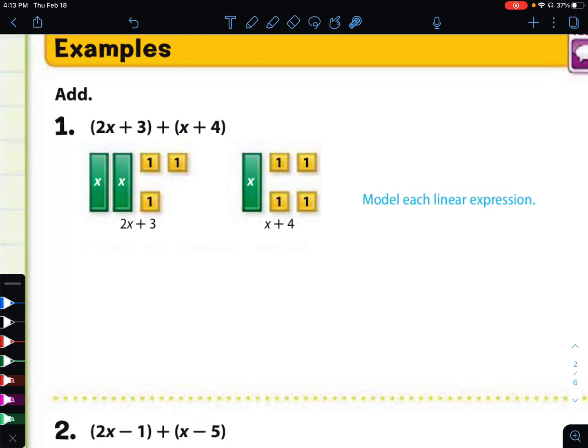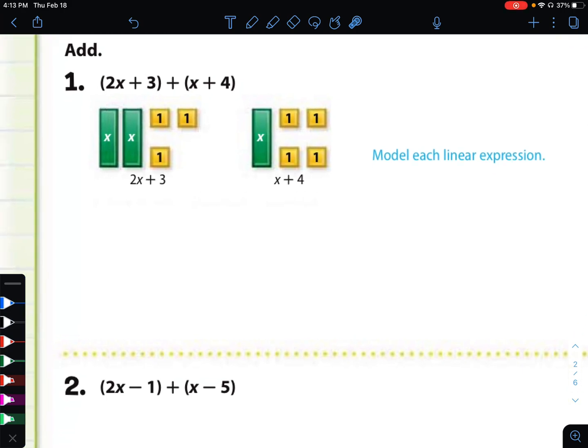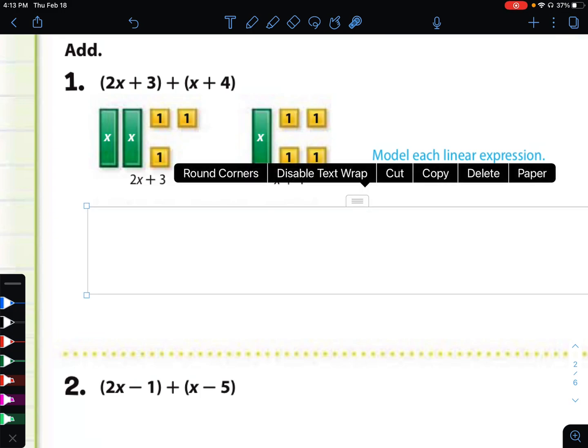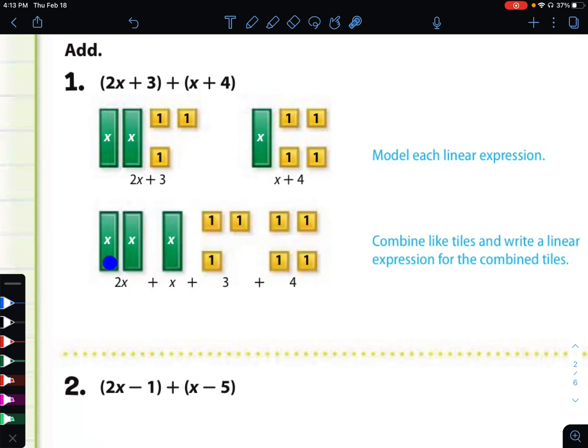Looking at it again closely, if we're going to add, we're going to combine. We're going to put all the x tiles together, and we're going to put all the unit tiles together so we can add them. Doing that, we have 3 x tiles and all the unit tiles on one side. This is your 2x right there, and this is your x right there. Add 3 plus 4.